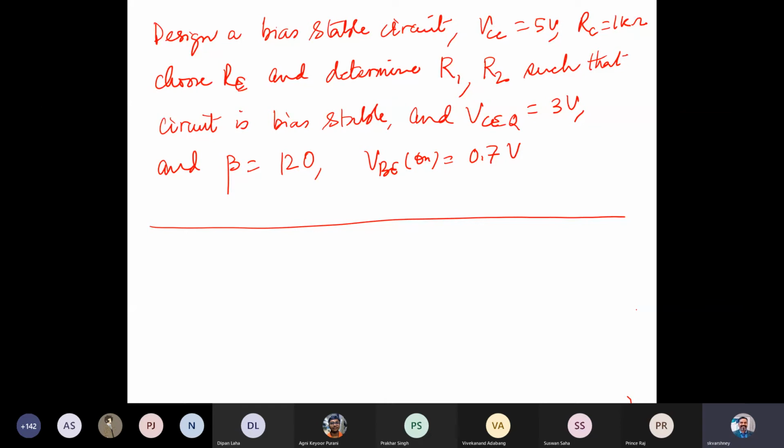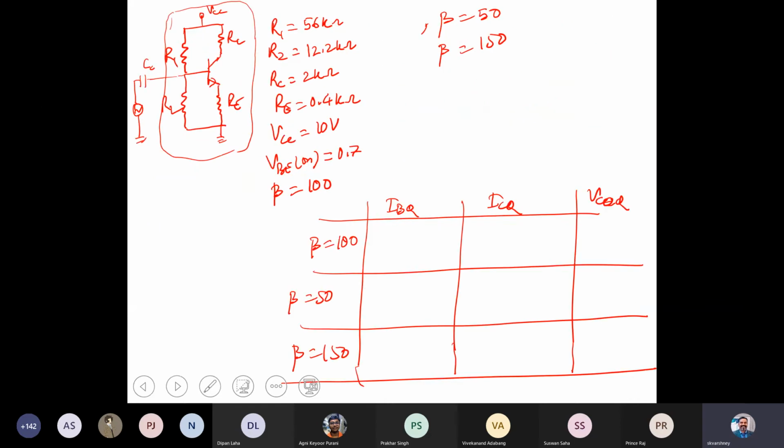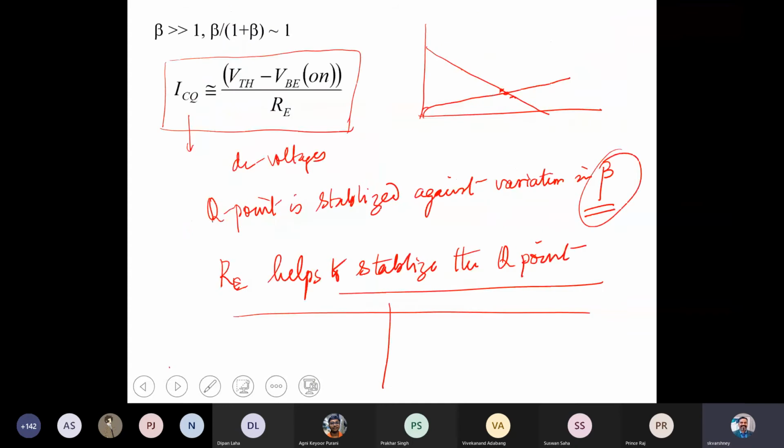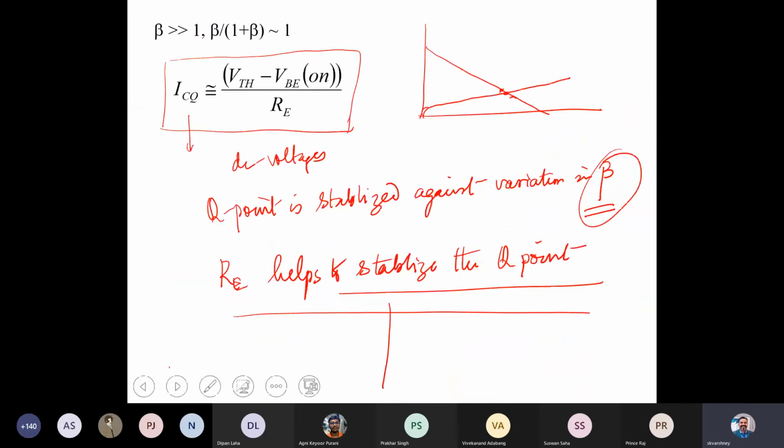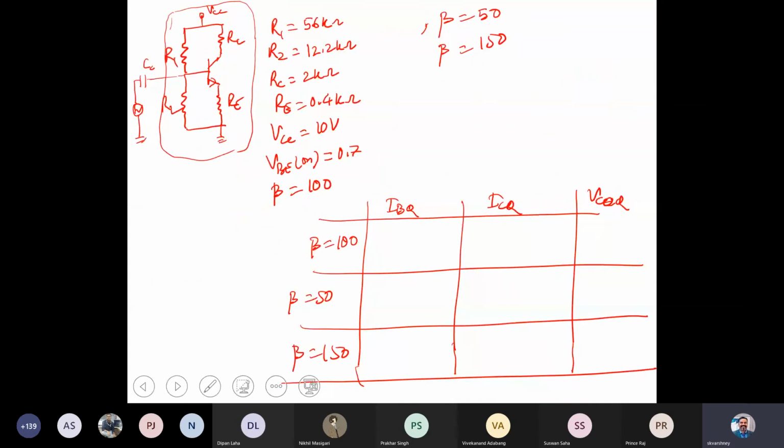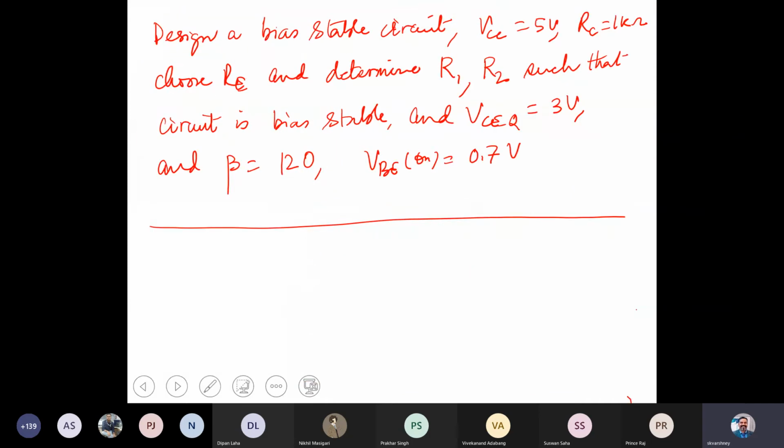So it means you need to use that condition for bias stability: RTH is equal to 0.1 times (1 plus beta) into RE, right? So you will get an equation in R1 and R2, and you need to solve for those R1 and R2. Choose RE. RE generally, if you see in the exponent also, 0.3, 0.4, 0.5, is of the order of VBE on.